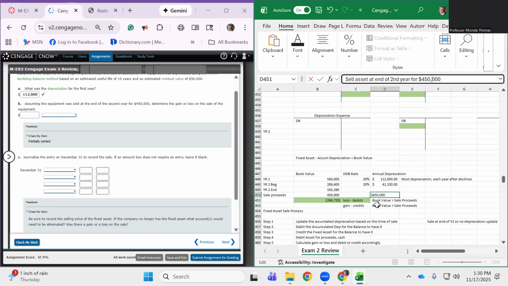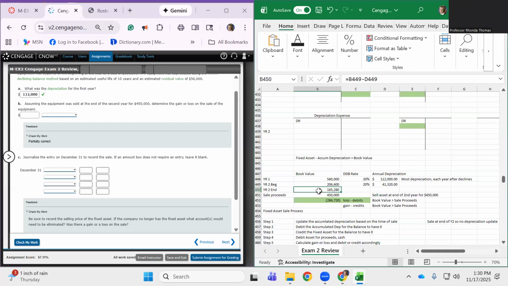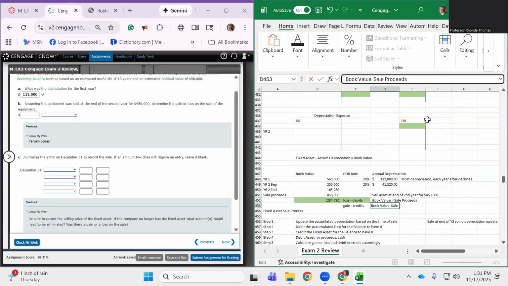Now here's the thing. The book value is only $165,280. But we sell it for $450,000. So when the sales proceeds are larger than the book value, you are going to calculate a gain on that sale.